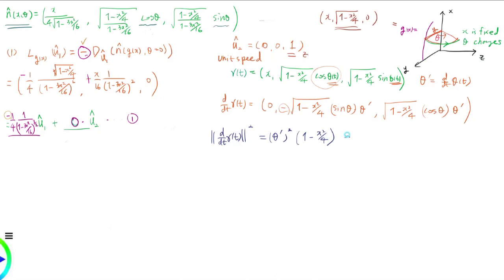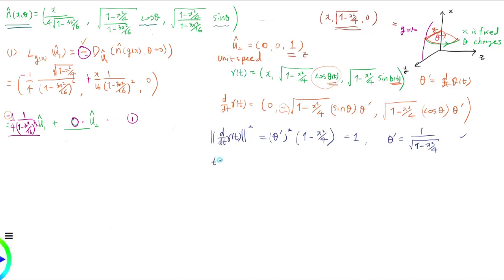Okay, so to become a unit speed curve, this theta prime should be 1 over square root of 1 minus x squared over 4. Okay, this is the first thing.